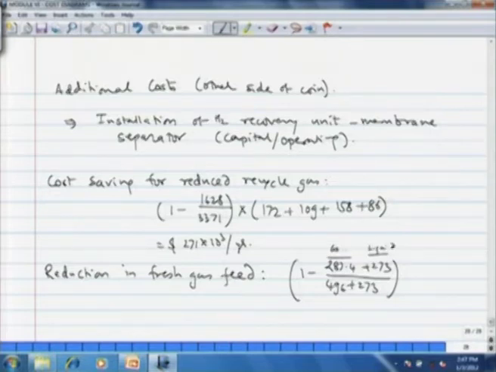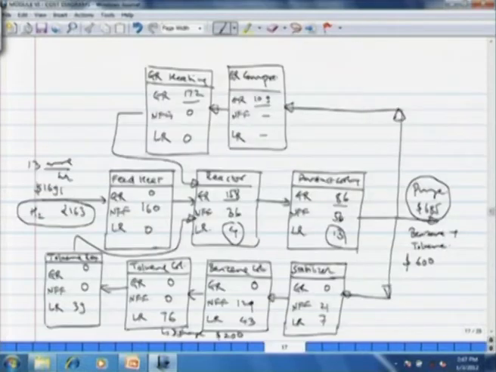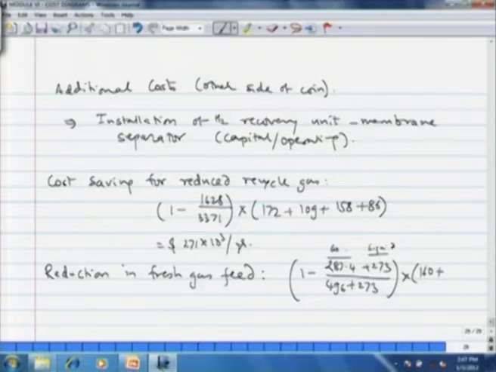Liquid remains the same, gas changes, and then all the costs that are associated with net fresh feed we sum up, like for example this 160, then 36 and 56. These costs we add, 160 plus 36 plus 56, and together this gives $68,000 saving.